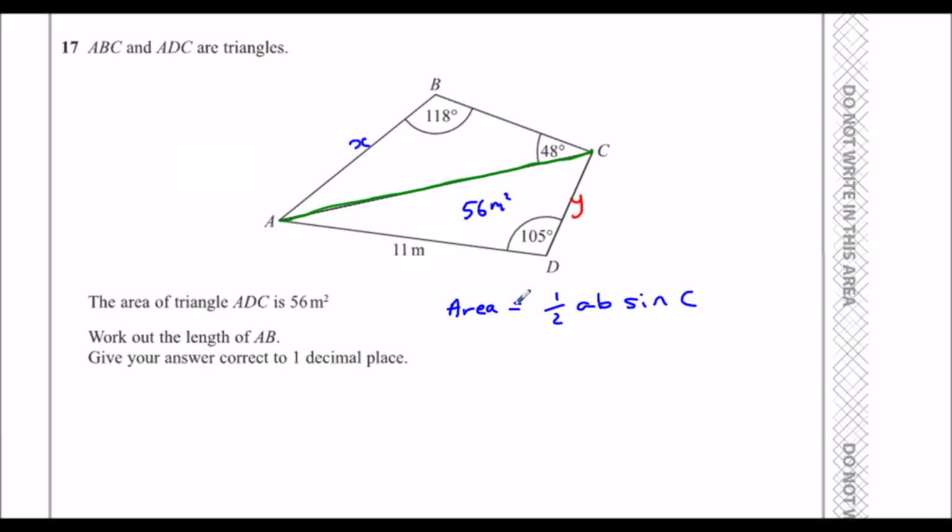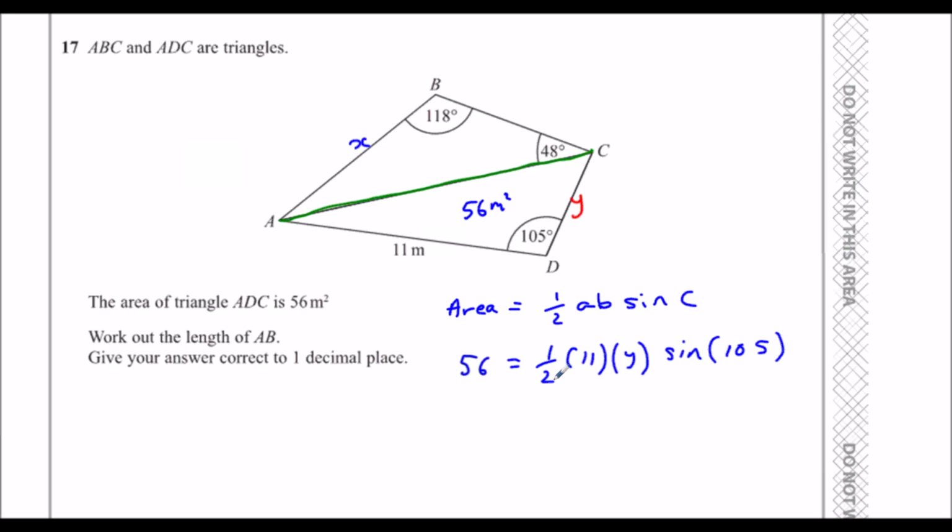So area 56 is half a and b, they're 11 and Y. So half times 11 times Y, sine angle 105.